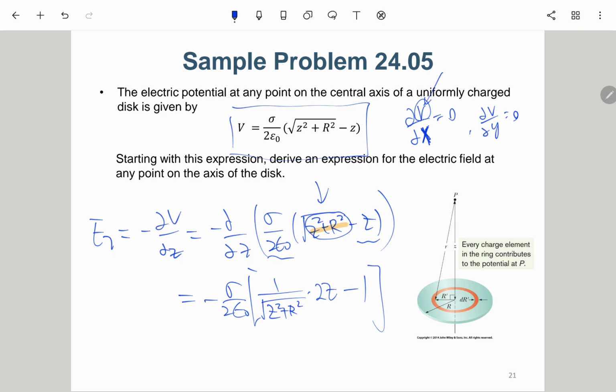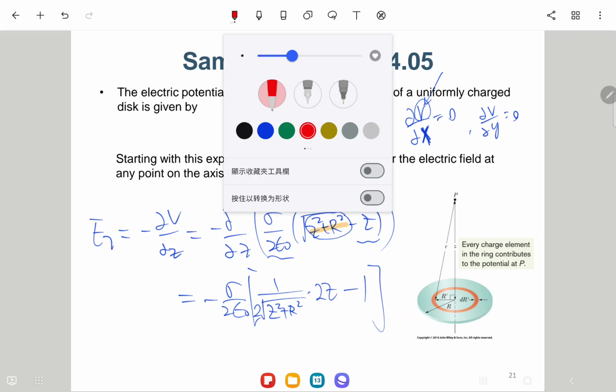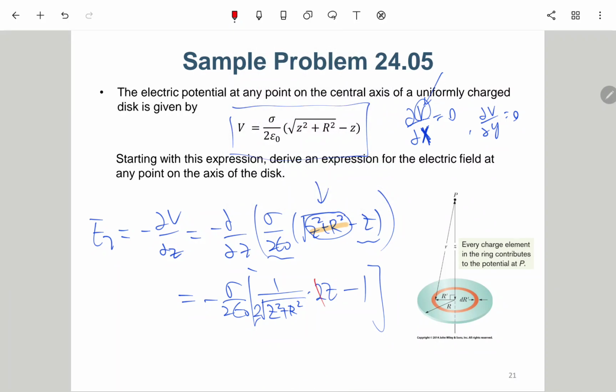We still have a 2 here, because it is a 1/2 power, so we also multiply by 1/2 in front. In this case, we can cancel this 2 and this 2.